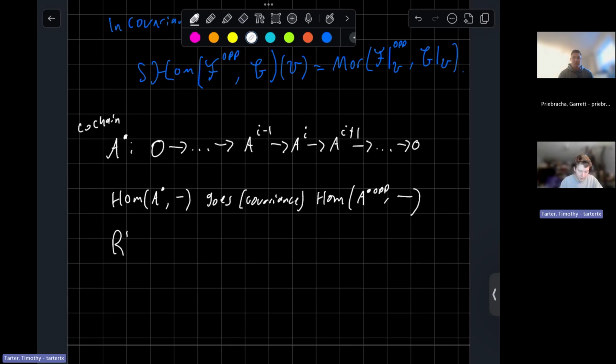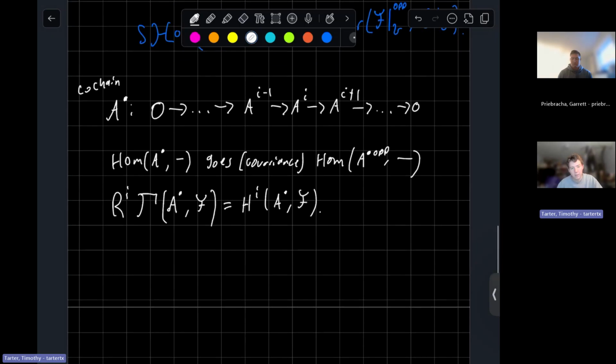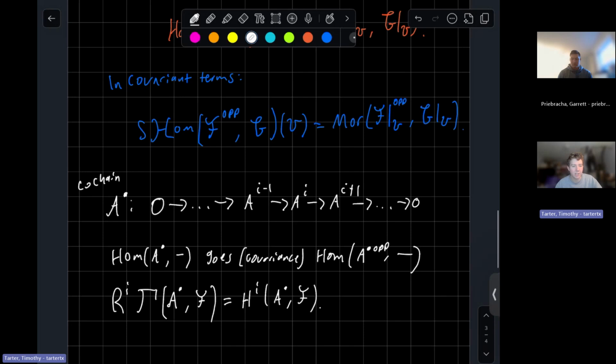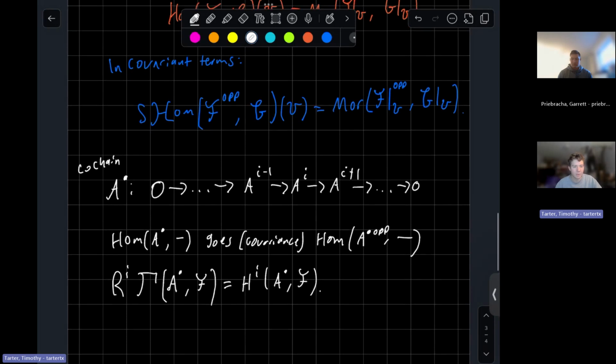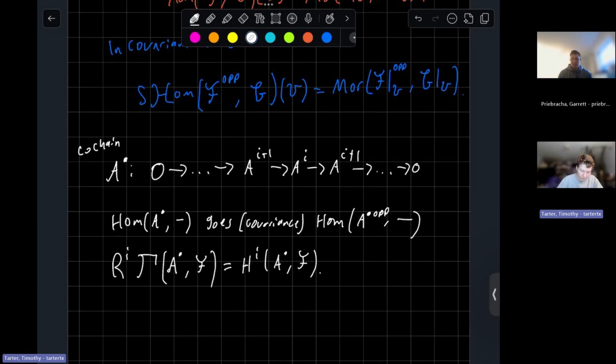And then the right derived functor of really gamma, which is a special case of Hom(A dot, F) on a sheaf F, is the ith cohomology group of A dot on a sheaf F. So this was cohomology of sheaves, but basically the whole thing about covariance, really this should be A plus 1.